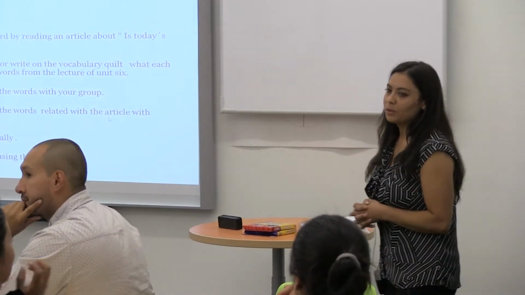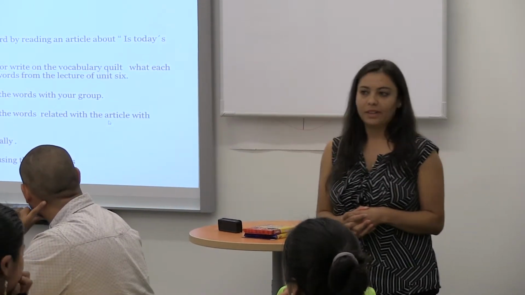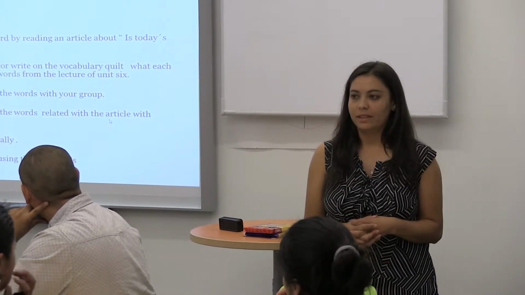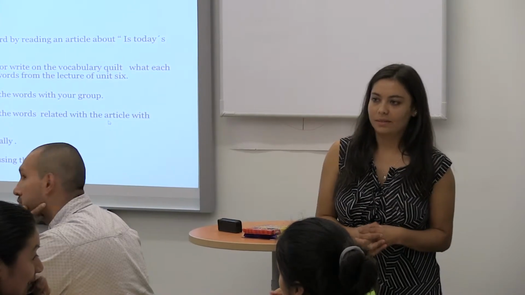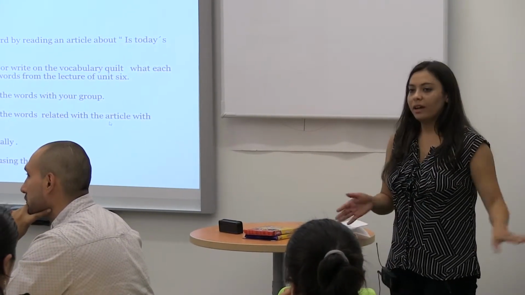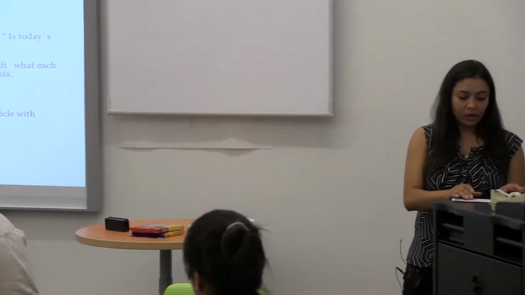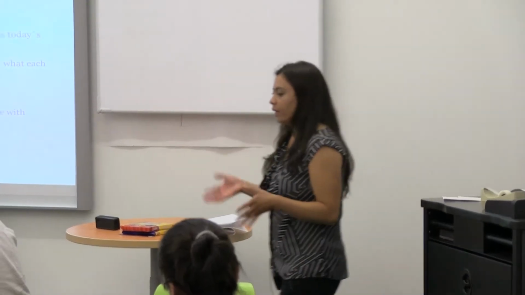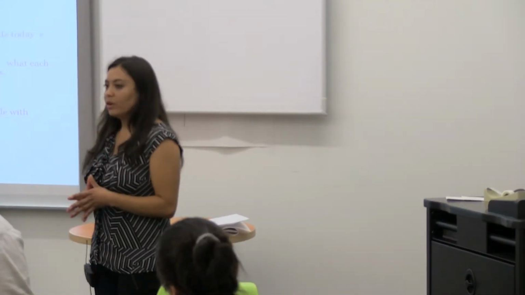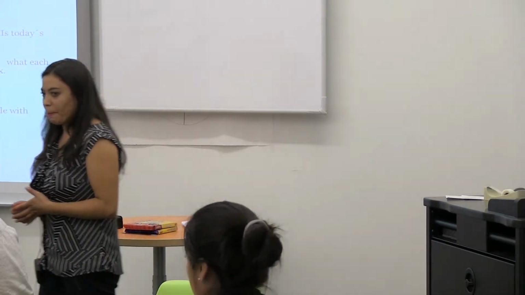Please, Freddy, can you read it? To read the article individually. And Monica, please. To write a short summary using the new words. Thank you. So these are our objectives in this class, but before, we are going to divide the class into groups: 3 groups of 4 and 1 group of 5. Okay?